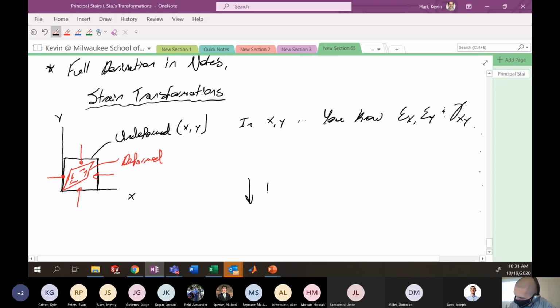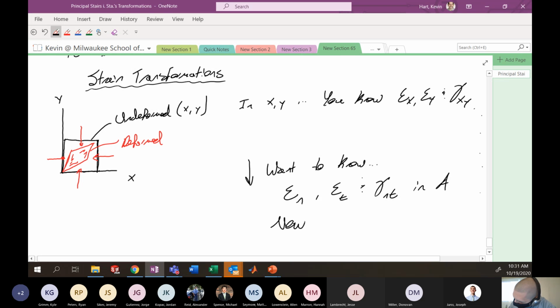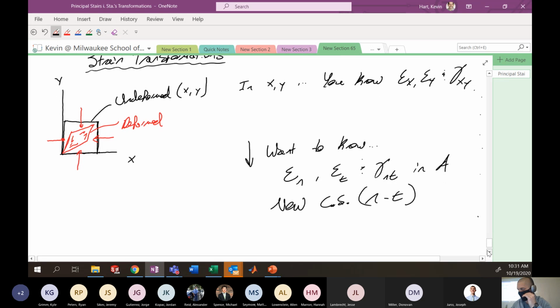But you want to know, let's say, epsilon n, epsilon t, and gamma nt in a new coordinate system, which is the nt coordinate system. So we've sort of talked about this before, and you've seen this with stress transformations.